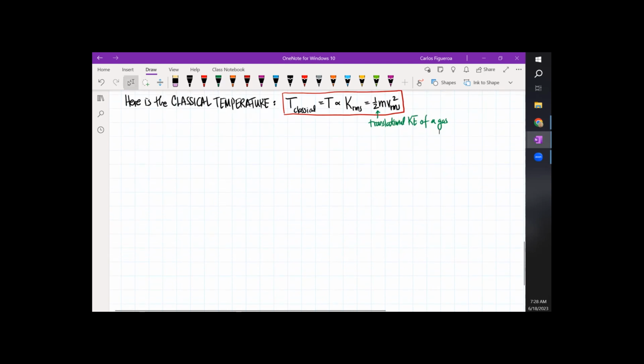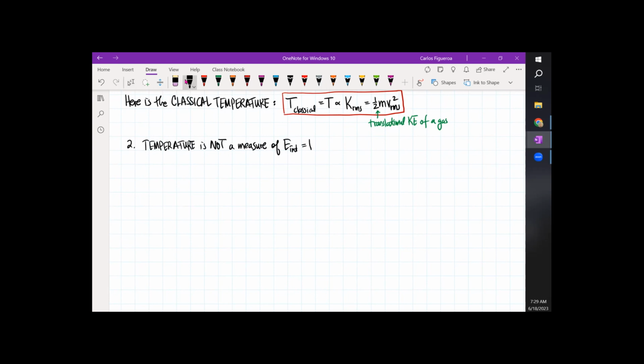Okay, so now that we defined what temperature is, here I go. So let's start with the first one. Temperature is not a measure of internal energy. Now, I know I'm going to be talking about materials.